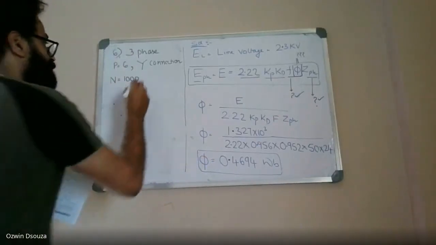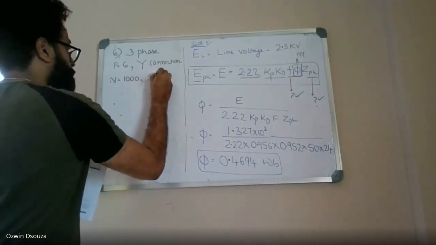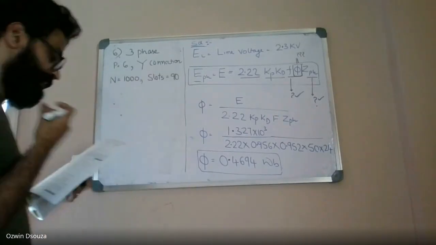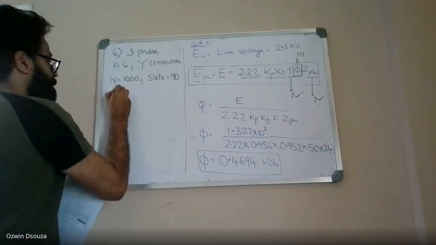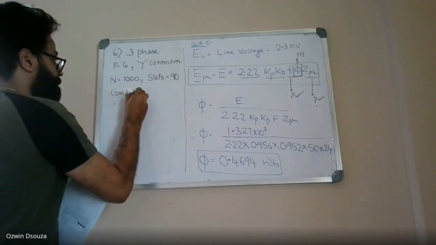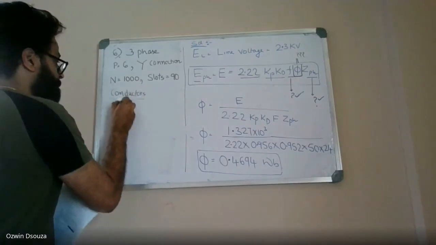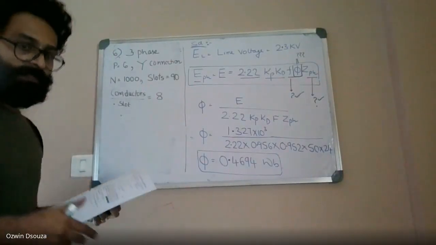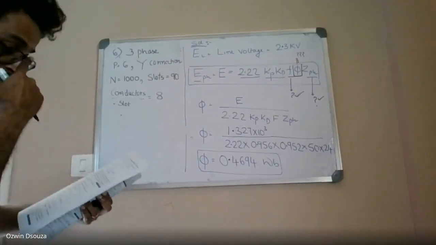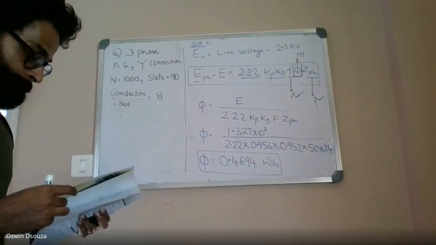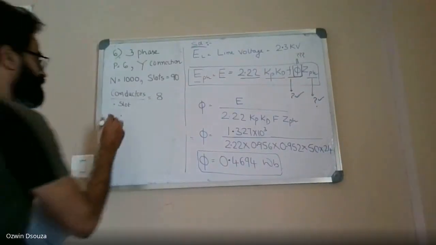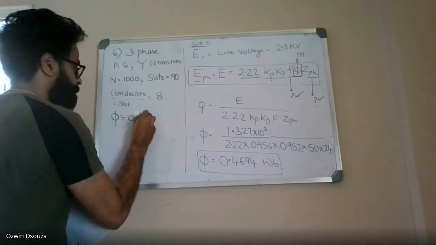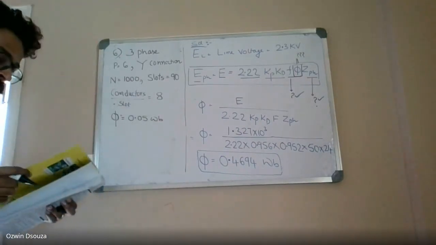The stator has 90 slots and 8 conductors per slot. The flux per pole is 0.05 Webers.